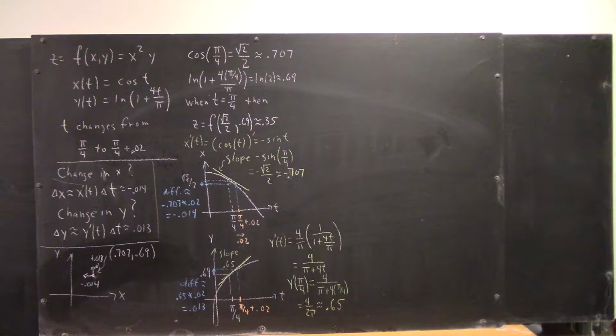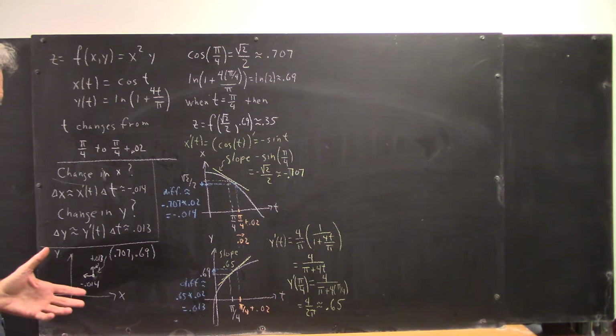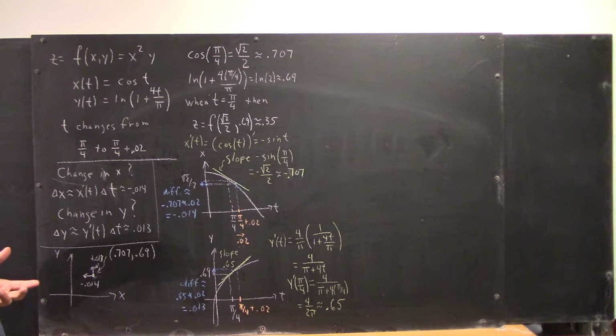Well, this depends. This negative 0.014 movement is done with constant y. This 0.013 move here is done with constant x. What does this suggest? Well, hopefully, because we've talked about it, this suggests the idea of a partial derivative.